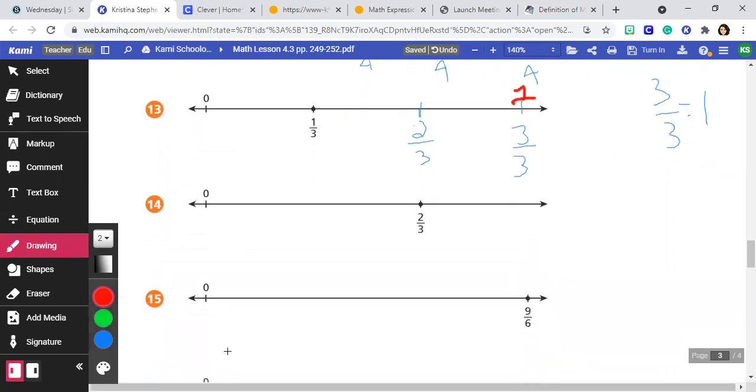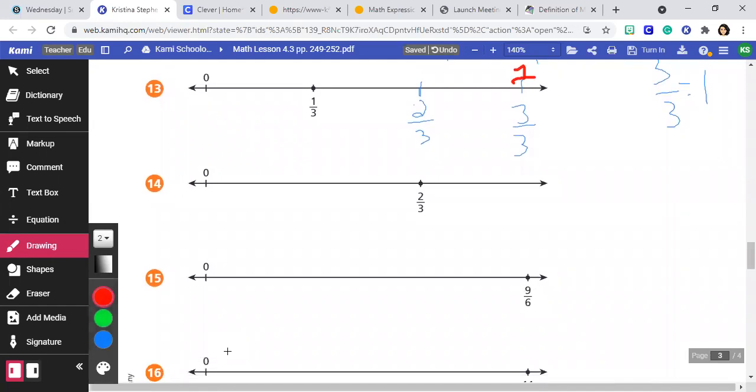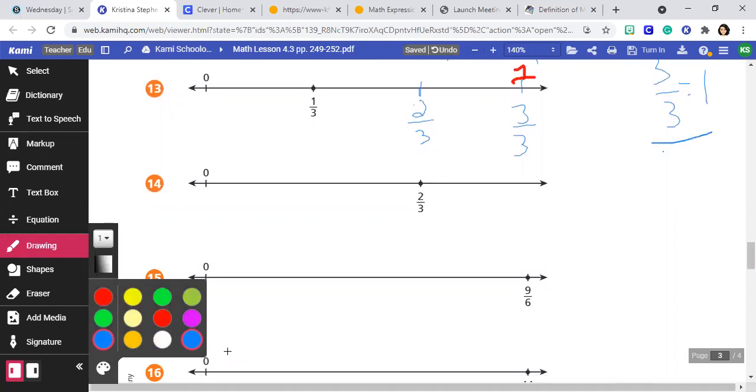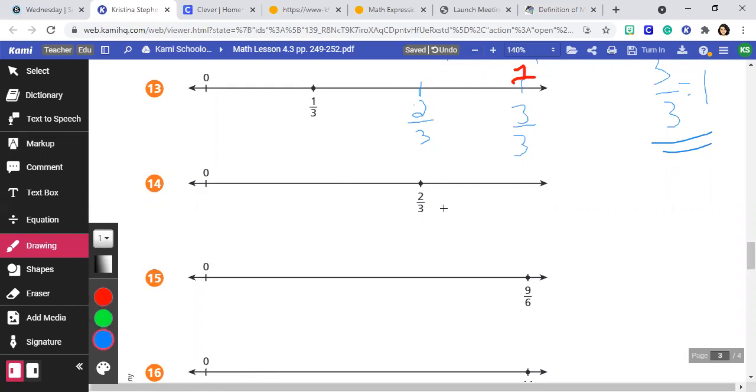Number 14. Let's take a look at that denominator. Oh, lovely. Number 14's denominator is also 3. And we already know that 3/3 is what we're looking for to equal 1. Well, this is 2/3. The next one after 2/3 is going to be about 3/3. And if you notice right here, I am about lined up with where I estimated on 13.